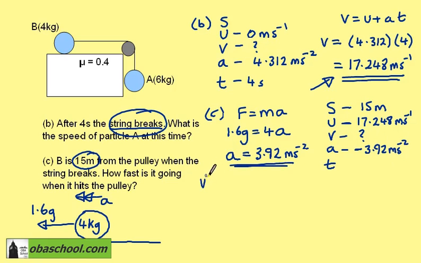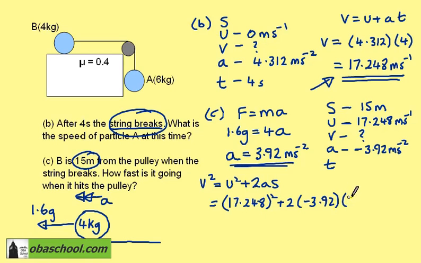These quantities are related by v squared is u squared plus 2as. This is equal to 17.248 squared plus 2 times minus 3.92 times the distance of 15.